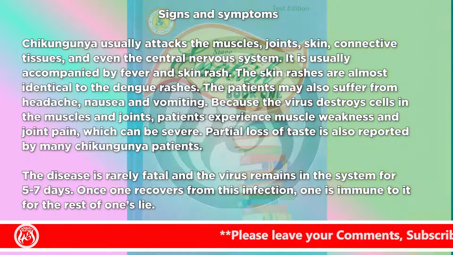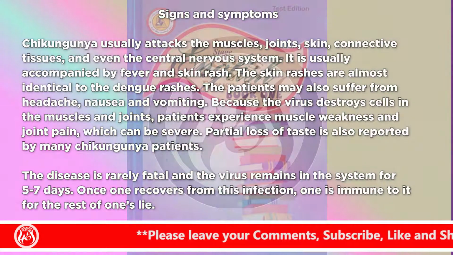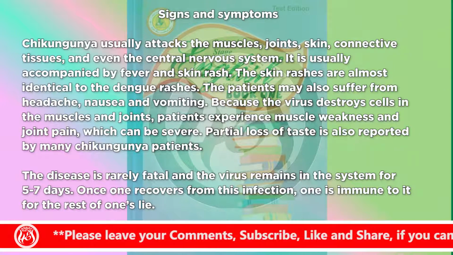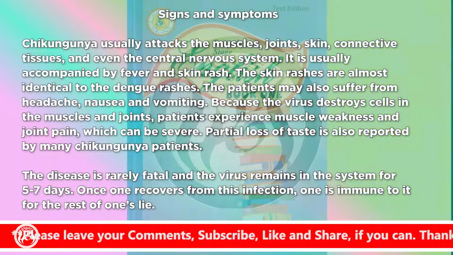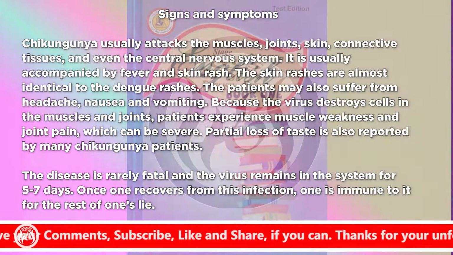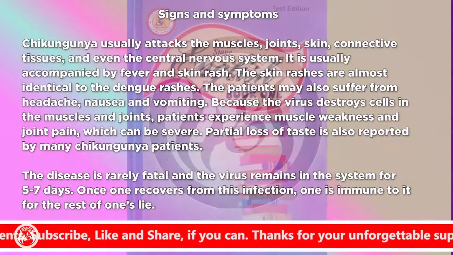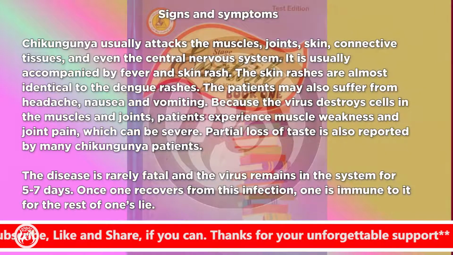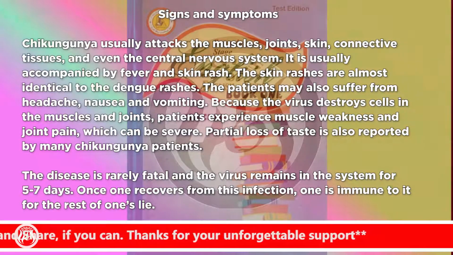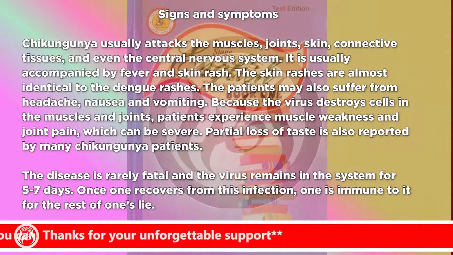The patients may also suffer from headache, nausea, and vomiting because the virus destroys cells in the muscles and joints. Patients experience muscle weakness and joint pain, which can be severe. Partial loss of taste is also reported by many chikungunya patients.